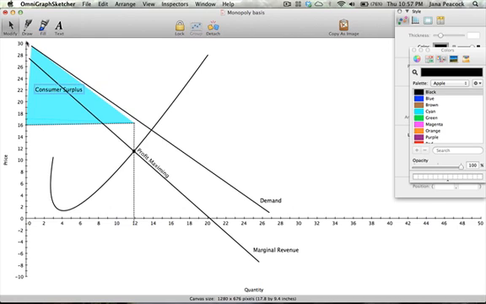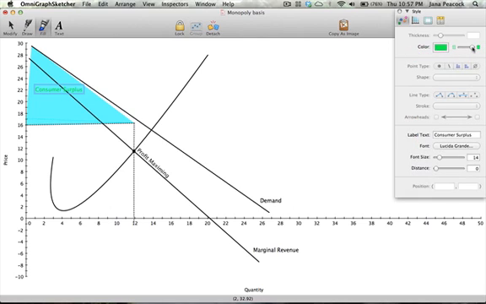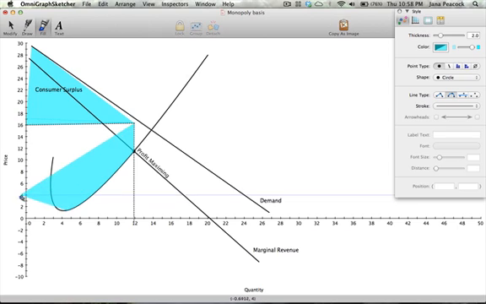Producer surplus is bounded by MC, which is a supply line for a monopoly. And if you think of it as a supply line, it's easier to remember. And the market price. So producer surplus is the area here between MC and market price that represents how much producers were willing to sell for that's below market price.